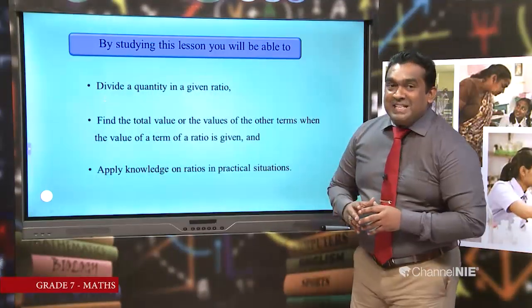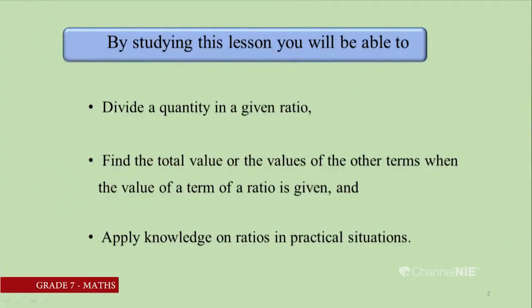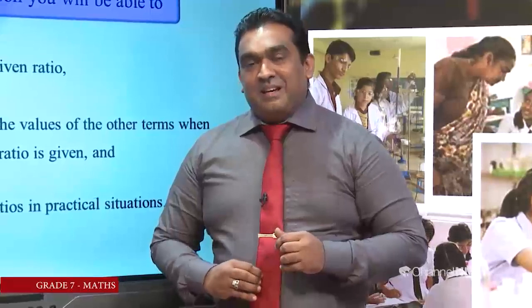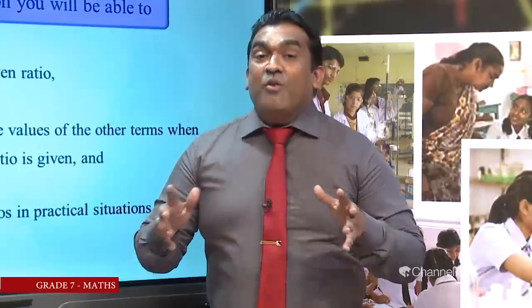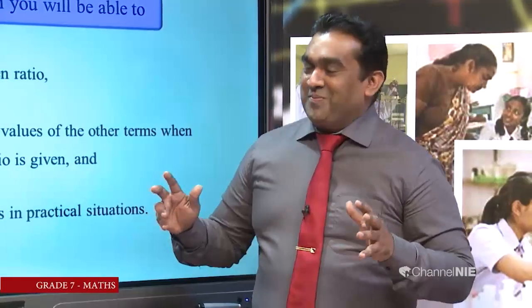By studying this lesson, you will be able to divide a quantity in a given ratio, find the total value or the values of the other terms when the value of a term of a ratio is given, and the final learning outcome is to apply knowledge on ratios in practical situations. These are our learning outcomes.